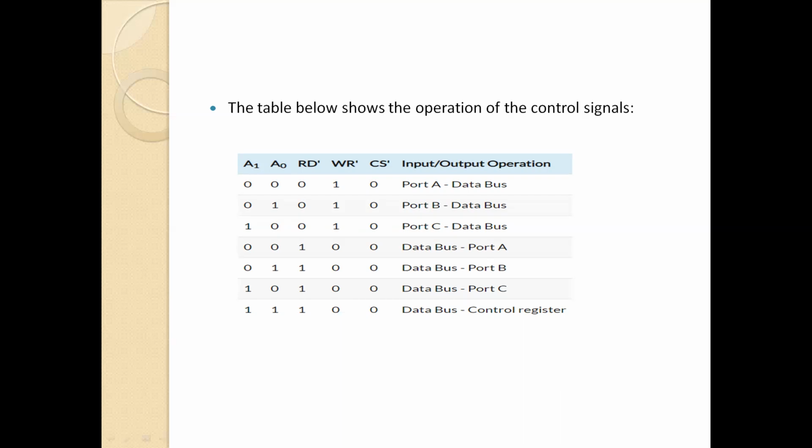Correspondingly, from the data bus to port B, depending upon the signals on pins A1 and A0, and from the data bus to port C. Whenever all the pins A1 and A0 are high, then data goes from the data bus to the control register.